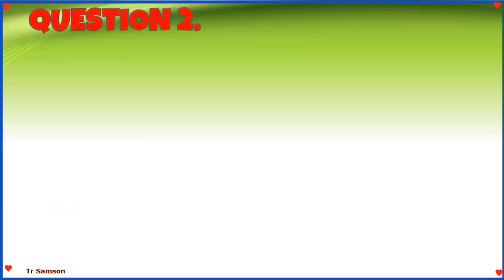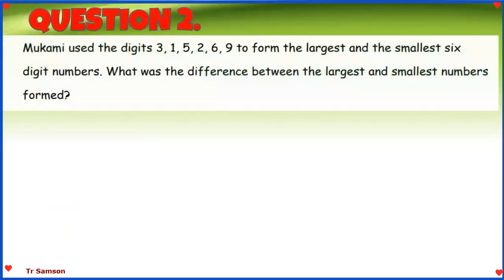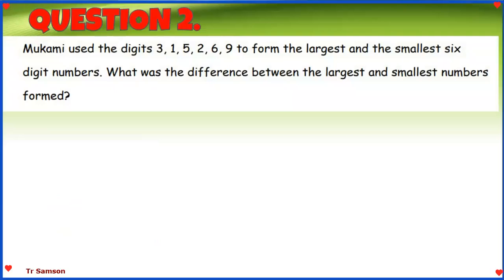Question number 2. Mukami used the digits 3, 1, 5, 2, 6, 9 to form the largest and the smallest 6-digit numbers. What was the difference between the largest and the smallest number? So here we have 3, 1, 5, 2, 6, 9, and we have the largest and smallest.